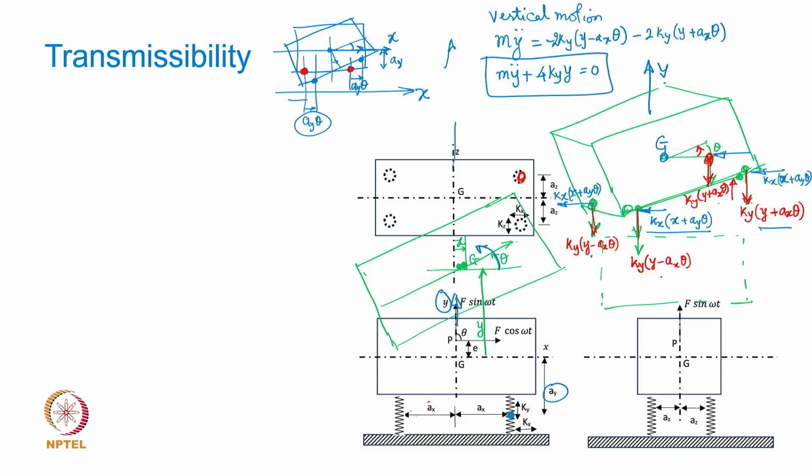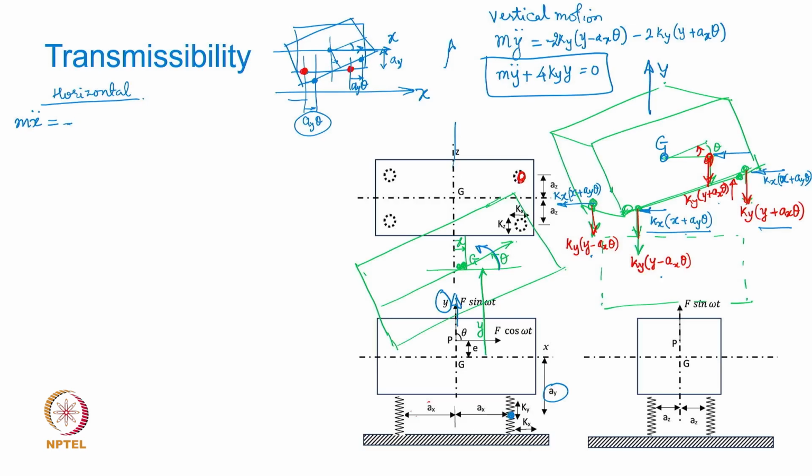That's our first equation. Let's look at the horizontal motion. Apply Newton's second law for the horizontal motion x. In that case, mass times acceleration is equal to all the forces in the horizontal direction in the positive direction of the acceleration, and you can see that all of them are opposite, so therefore it will be minus.